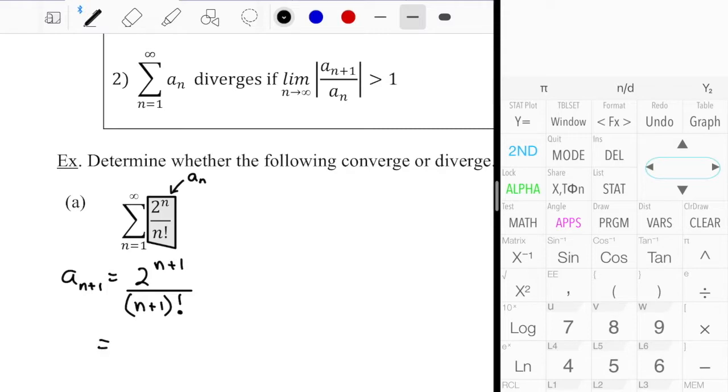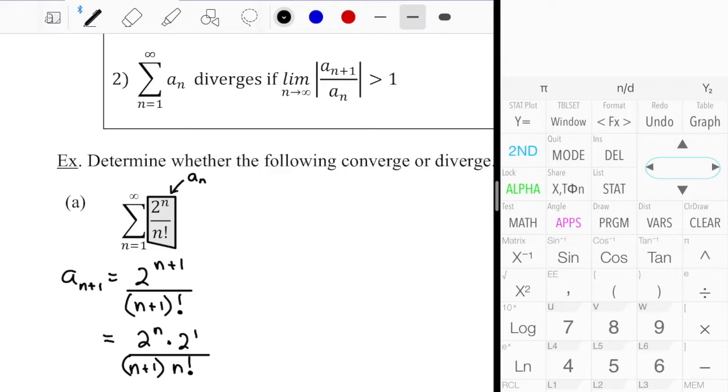Now, what I like to do before I even get started with the limit part of it is a quick little expansion here, because 2 to the n plus 1 is the same as 2 to the nth times 2 to the first. N plus 1 factorial is the same as n plus 1 times n factorial. That's the definition of a factorial, or one of the definitions.